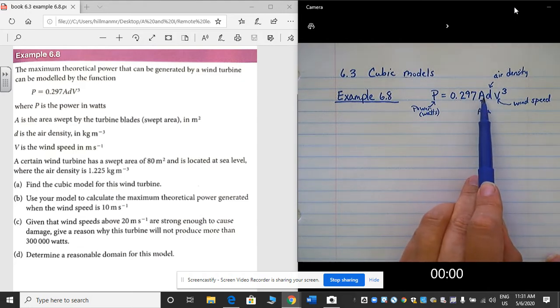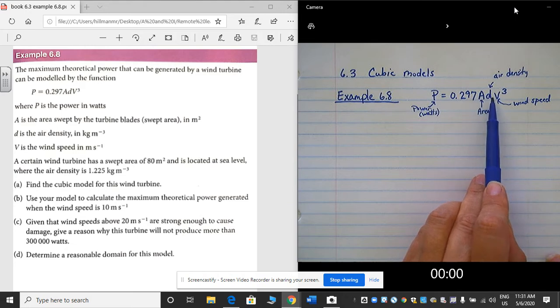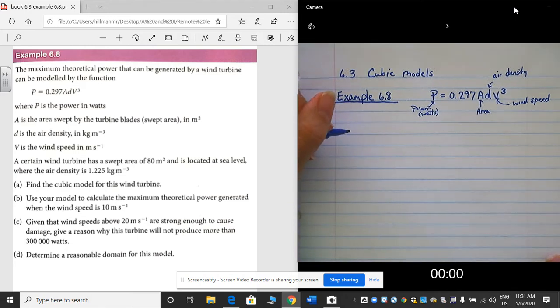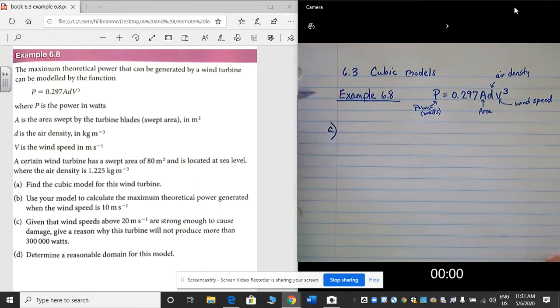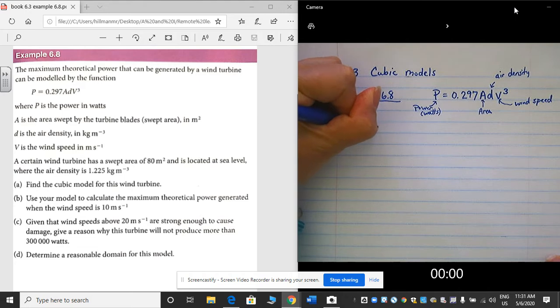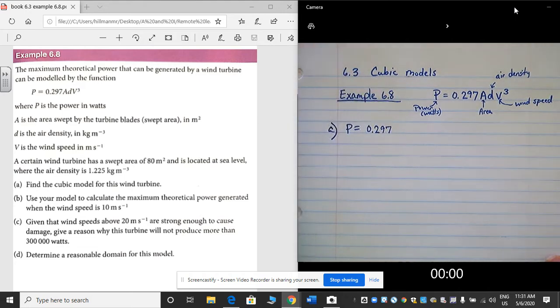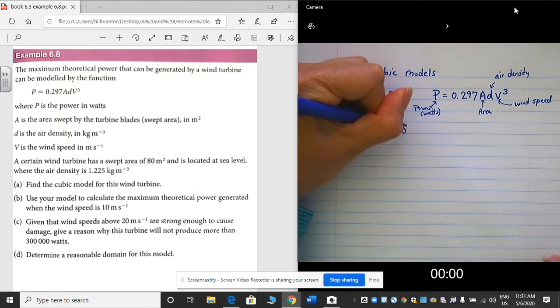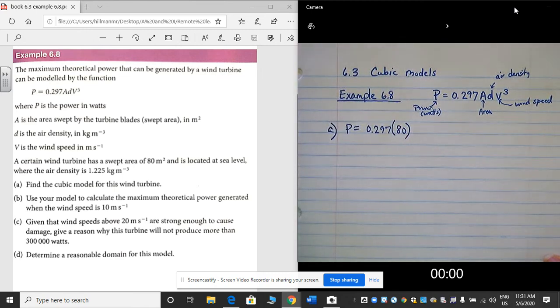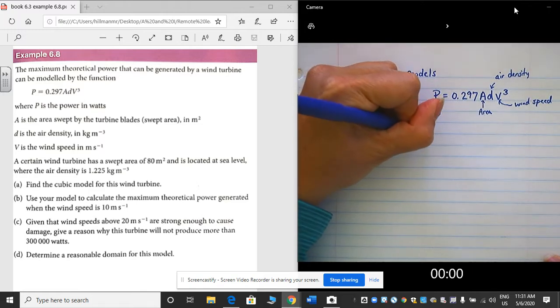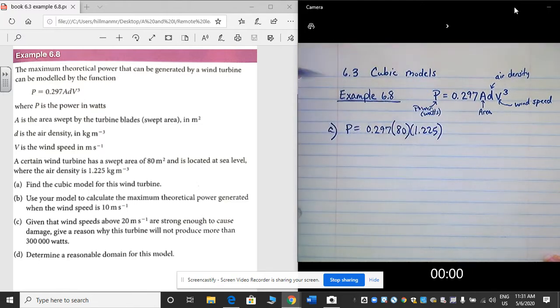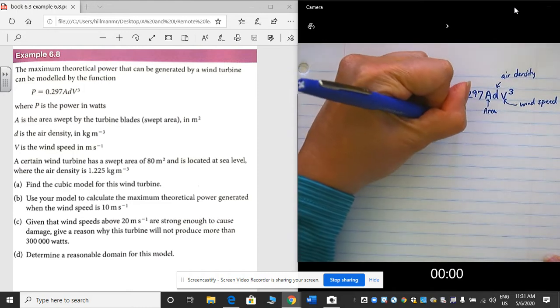So I'm going to substitute those values in for A and D. For part A, to come up with the cubic model, P is equal to 0.297 multiplied by the area, 80, multiplied by the air density, 1.225, and then it's still V cubed.